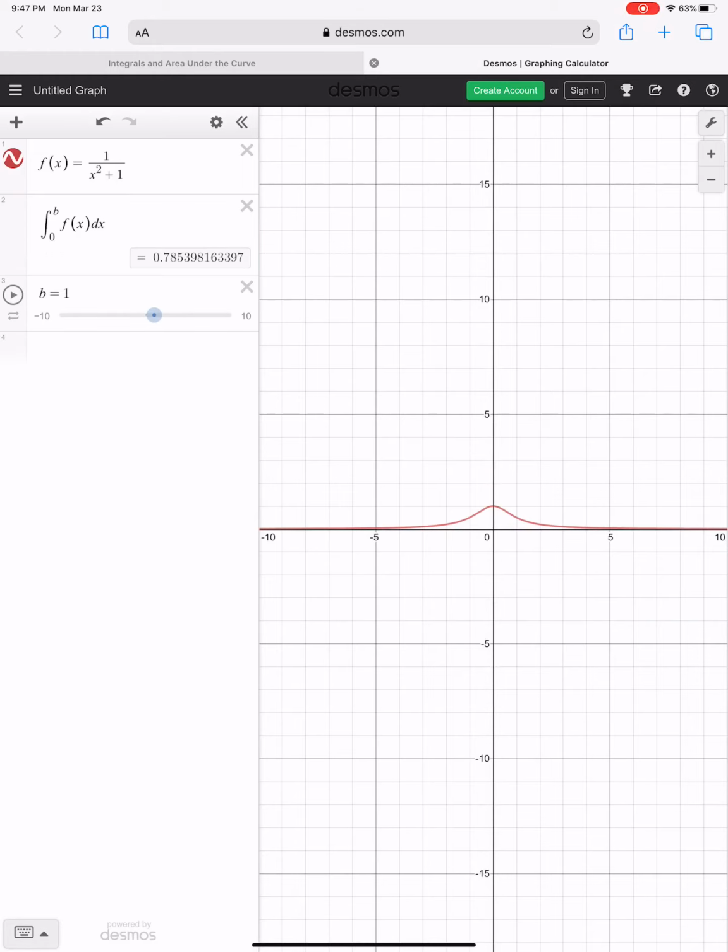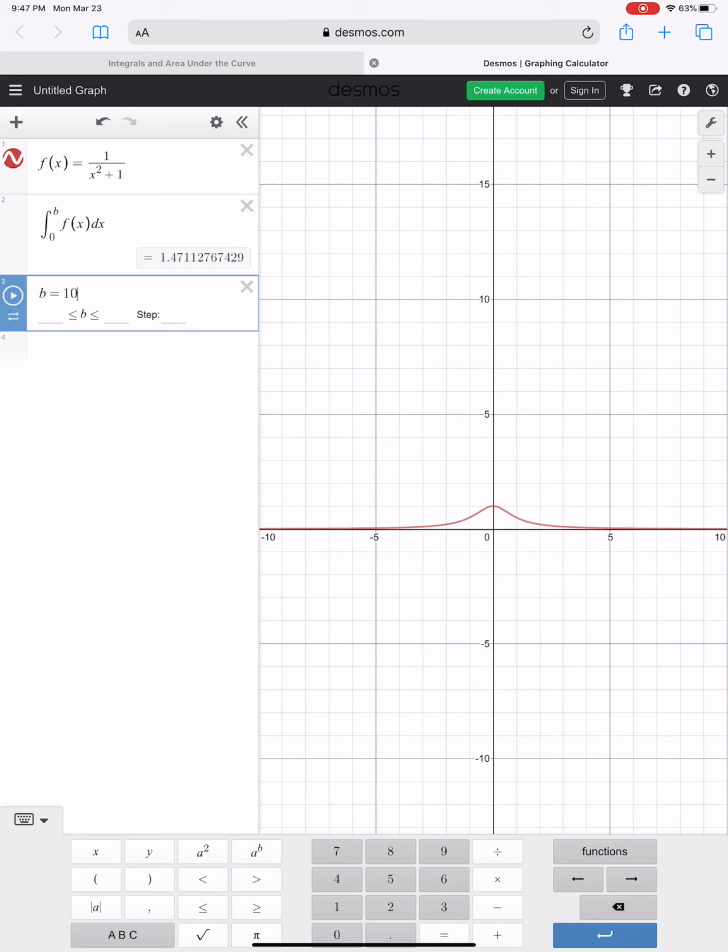And you can even click then add a slider, and so we can see what happens if we try to integrate from 0 up to 10, and we can in fact make this larger and larger.